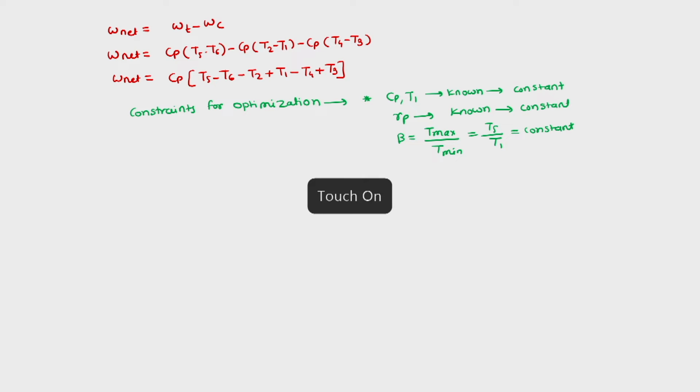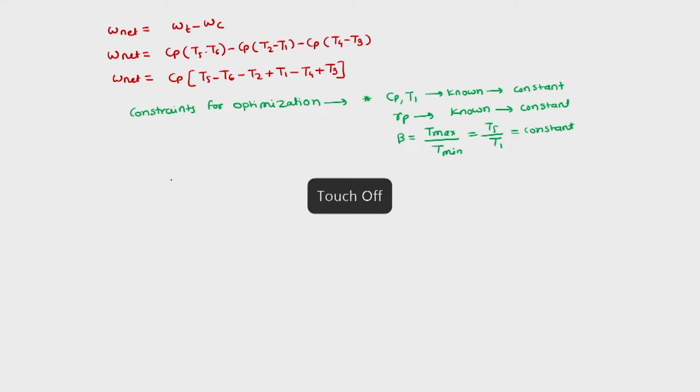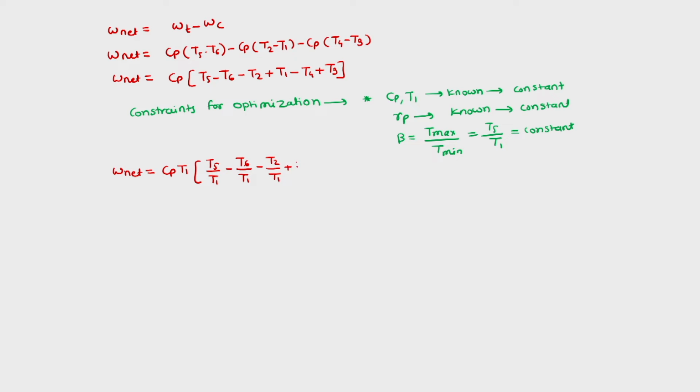So here we will get W net is equal to Cp, we can take T1 common, then it becomes T5 by T1 minus T6 by T1 minus (T2 by T1 plus 1) minus T4 by T1 plus T3 by T1.